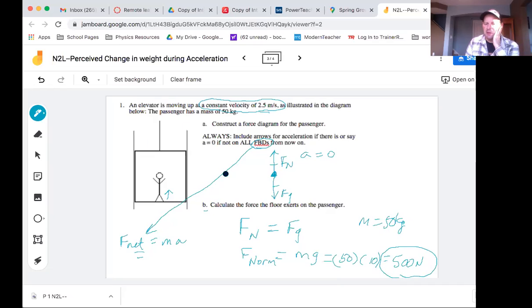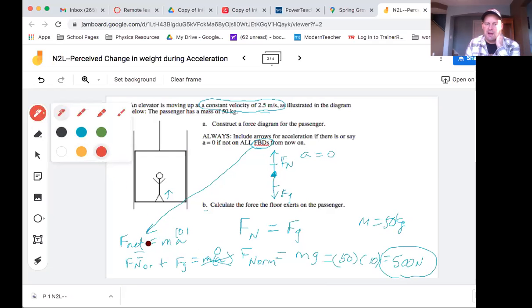In this problem, this really is a result of using the net force equals ma thing with a equals 0. This is where we're going to use the free body diagram: the normal force plus force of gravity equals ma. Well, if a is 0, that means this whole side is 0. And because gravity is down, in those examples I said let's put a negative sign for downward direction and a positive sign in our equations for the upward direction.